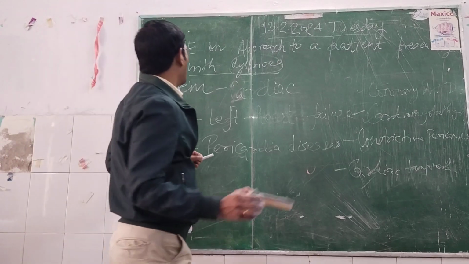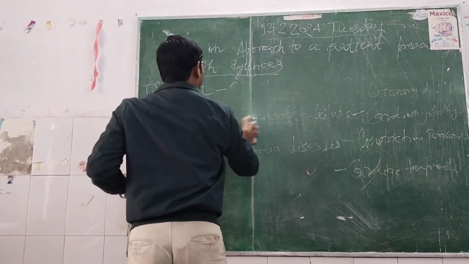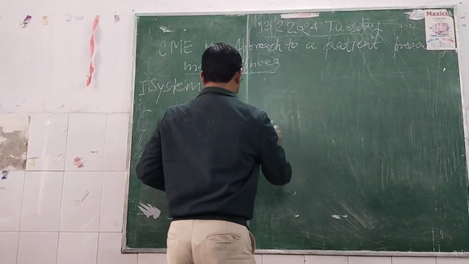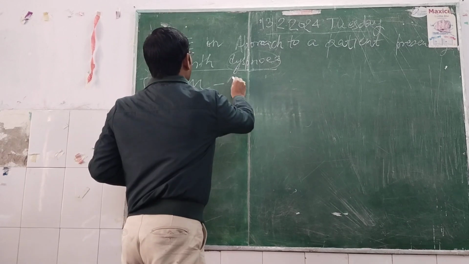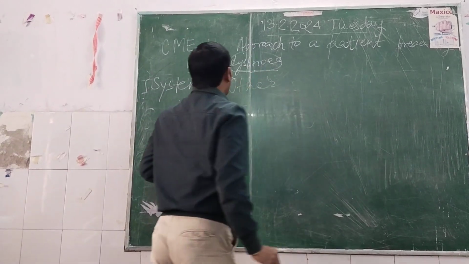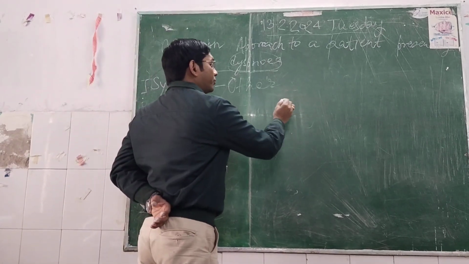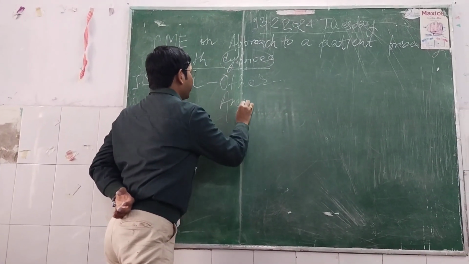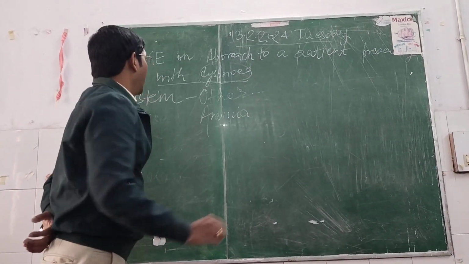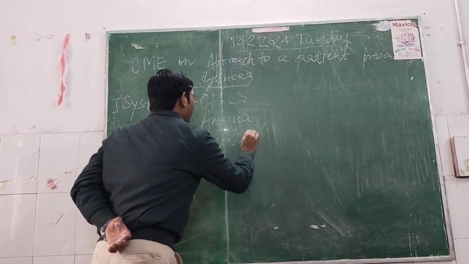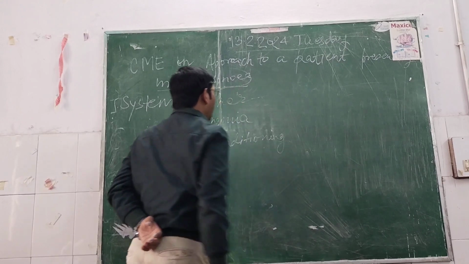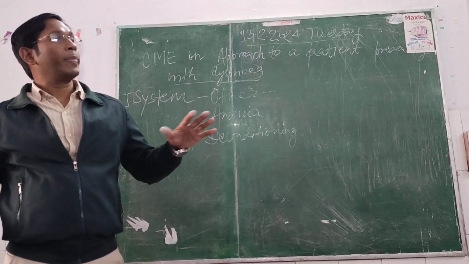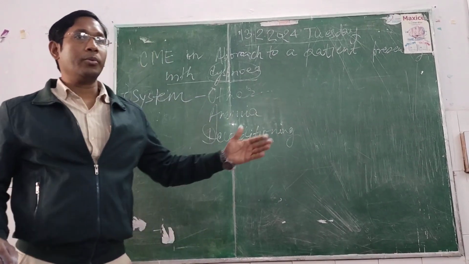Now there is the other system. Under other system, the disease process can be variable: anemia, deconditioning, which means the patient is not accustomed to a particular place or weather, and he is exposed immediately to that condition.